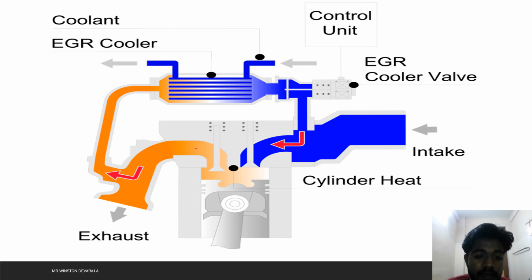While the exhaust gas is coming out of the combustion chamber, you can clearly see a portion being diverted into this EGR cooler and EGR control unit, and again it is recirculating into the same combustion chamber. This is how EGR basically works.